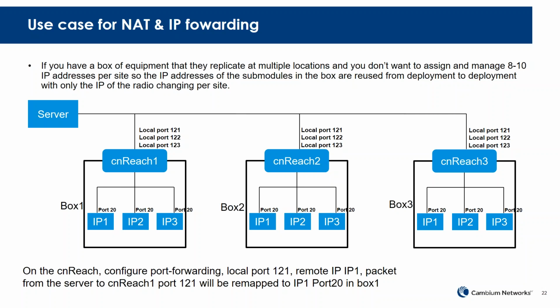I can have those set up with the same IP address from location A, B, C, and D, or in this case, box 1, 2, and 3, and then I can address each cnReach radio with its unique IP address. But behind that, using NAT and port forwarding, the devices are, in some cases, protected from broadcast traffic, and also I can have the same exact IP configuration from place to place. So it reduces complexity of IP numbering and IP address space setup.